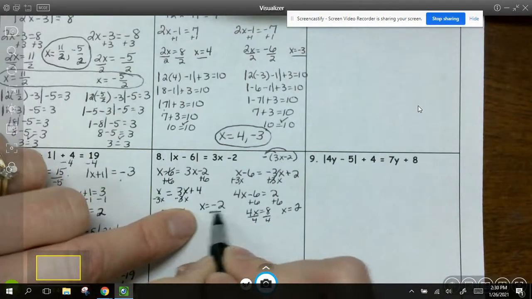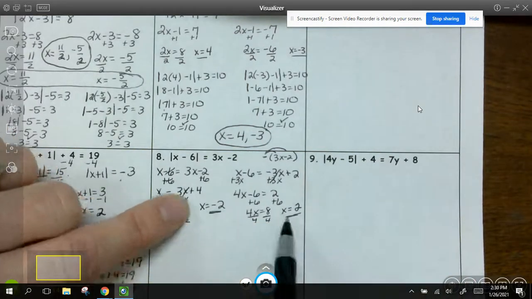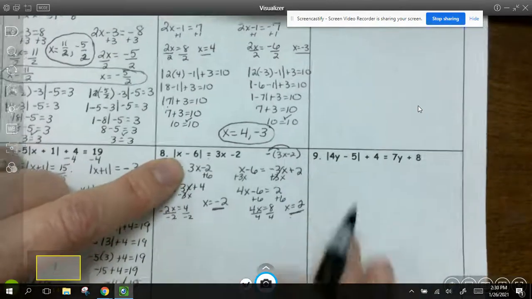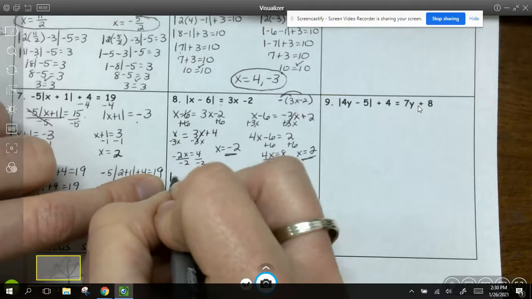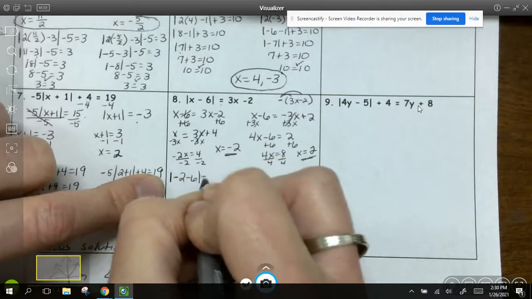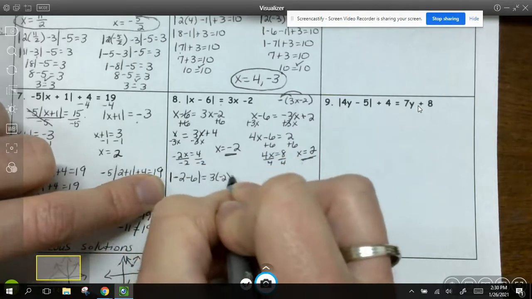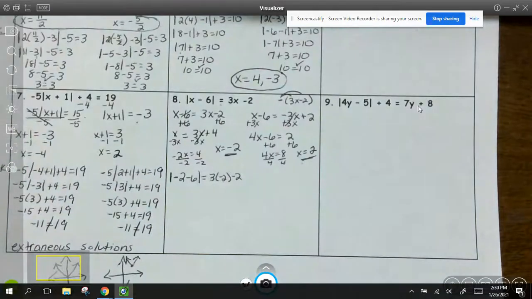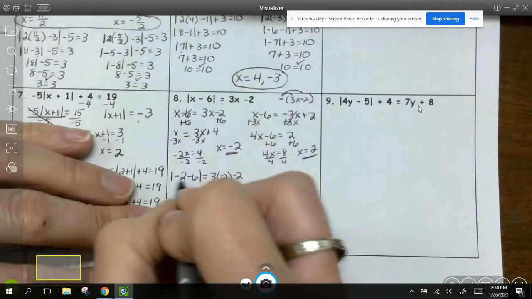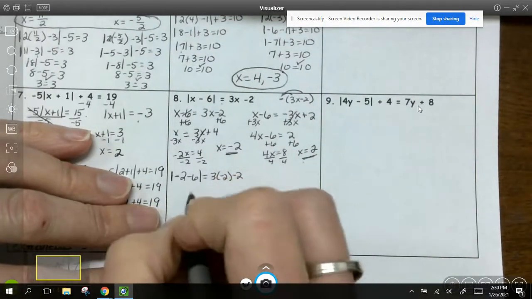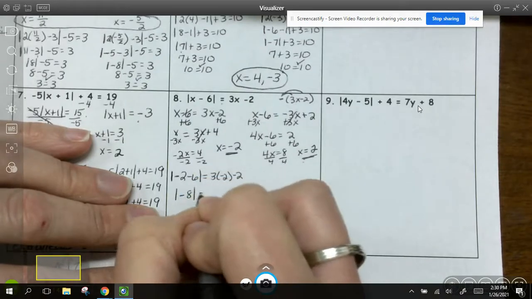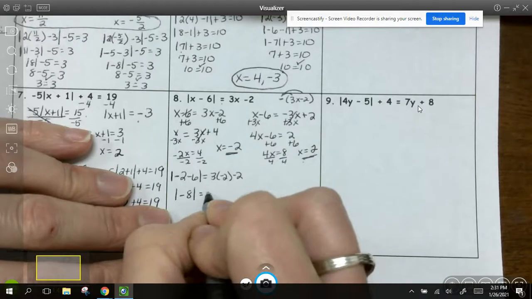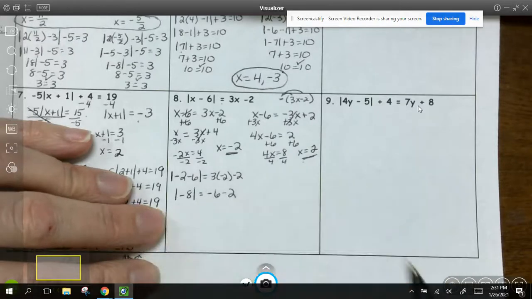So we're checking negative 2 and positive 2. And to do that, we go back to the original. Okay? So does the absolute value of negative 2 minus 6 equal 3 times negative 2 minus 2? Okay, the absolute value of negative 2 minus 6, that is the absolute value of negative 8. 3 times negative 2 is negative 6.